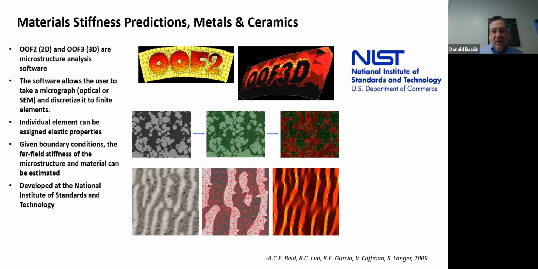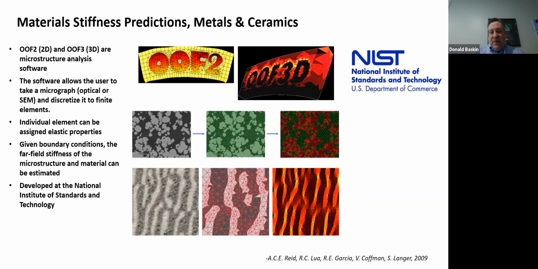We also talked a little bit about this program called OOF, which was developed at NIST, which I used a long time ago as a graduate student. This is software where you can take a microstructure that you might get off an optical microscope or a transmission electron microscope, or TEM, and apply a finite element mesh to the entire microstructure. Then you can define sub areas that correspond to the microstructure with different properties.